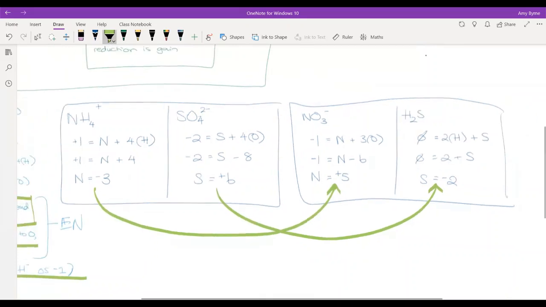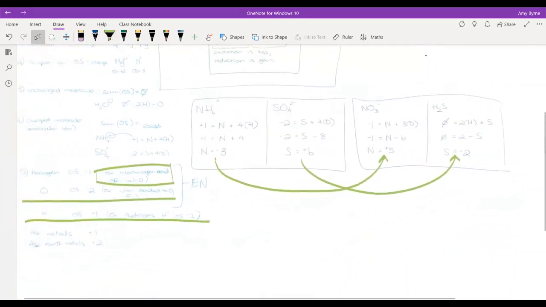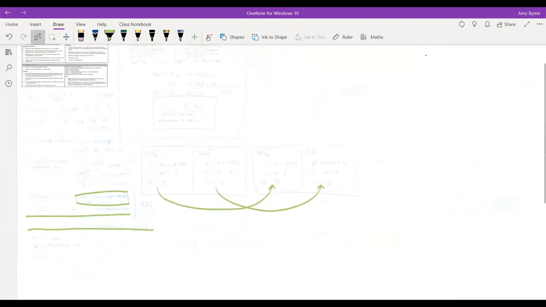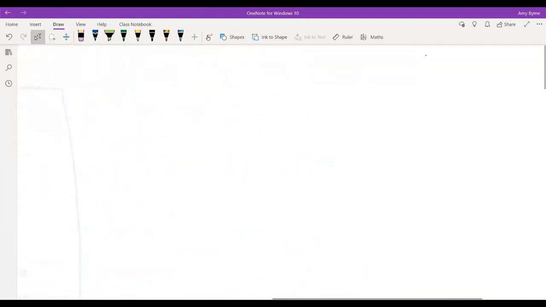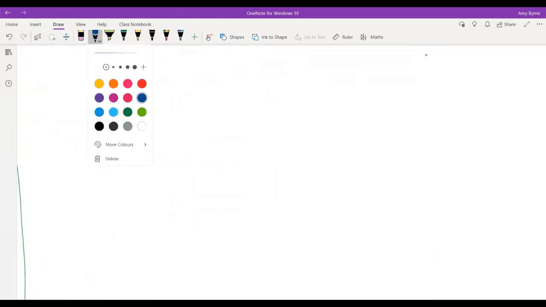Let's now talk about using these same principles. Let's talk about how we apply that to discussing oxidation numbers for transition metals. So let's look at some transition metals. Now, one of the characteristics of transition metals is that they have quote unquote variable oxidation numbers.